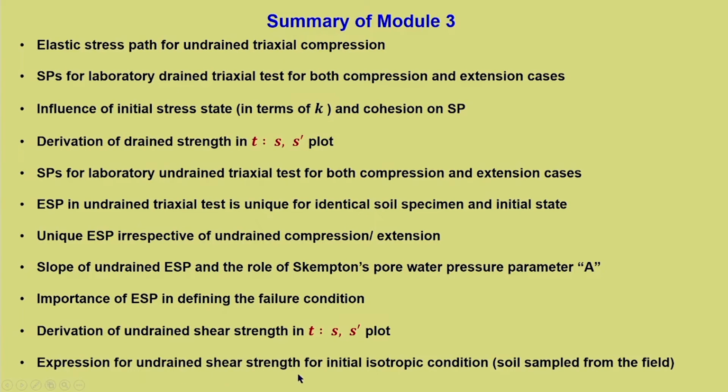Expression for undrained shear strength for initial isotropic condition, that is a soil sample from the field, that is an extension of this particular condition, where we know that due to sampling there will be an initial negative pore water pressure. So, since it is pore water pressure, it becomes an isotropic condition, so it gets shifted to the isotropic line. So, it is just a modification of what is discussed in this.